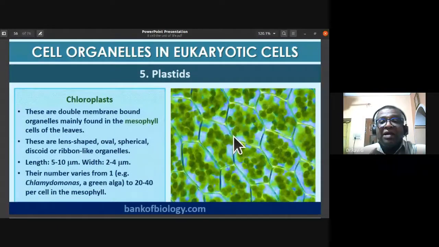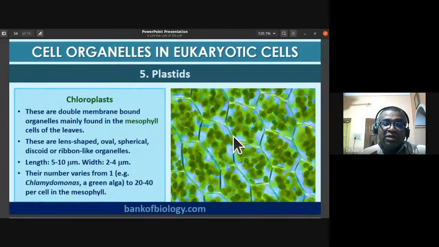Each and every cell of the leaf takes part in photosynthesis. They are filled with chloroplasts. These parenchyma cells filled with chloroplasts, we call chlorenchyma or mesophyll cells. The leaf is the kitchen of the plant, in which each and every mesophyll cell is densely filled with chloroplasts.